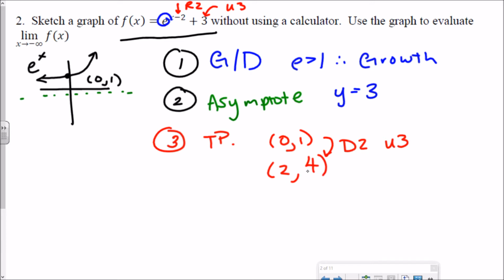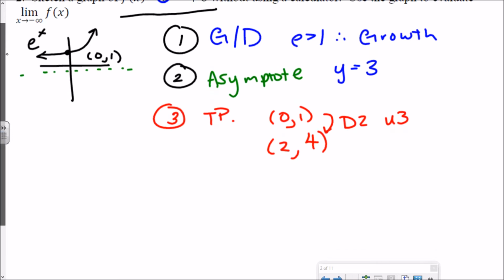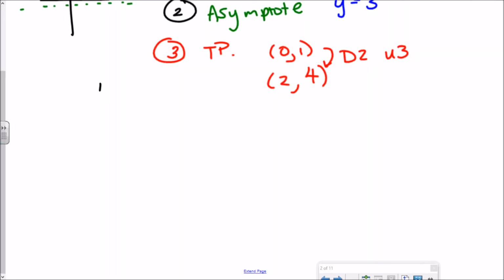And then I can go ahead and graph it. When I'm graphing it, it'll look kind of like this. Turning point at positive 2, positive 4. Asymptote at y is equal to 3.